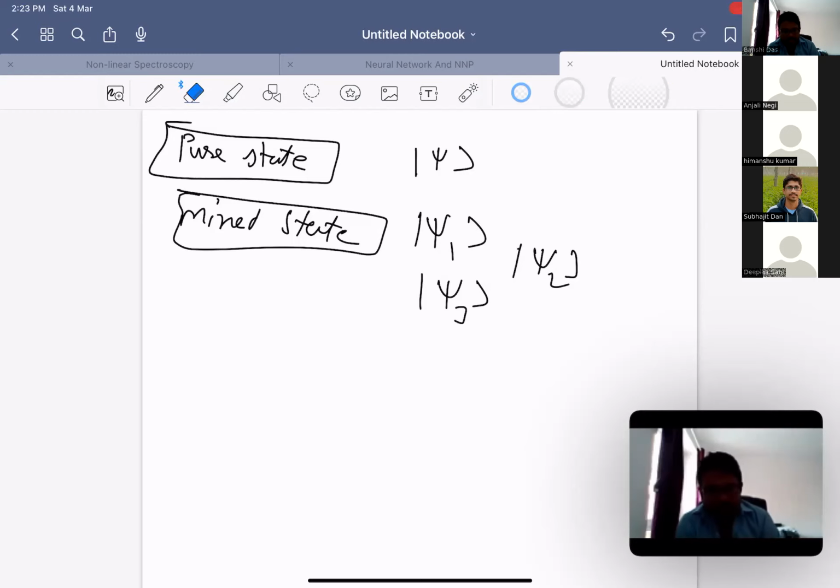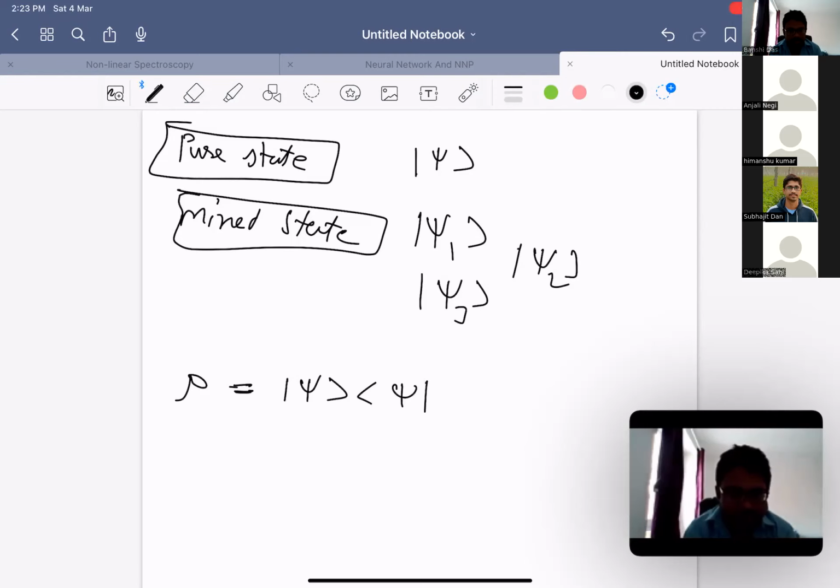So let's start with the pure state. How do we write the density matrix for a pure state? The density matrix is represented by rho, and for a pure state it can simply be written as the product of the wave function and its conjugate.